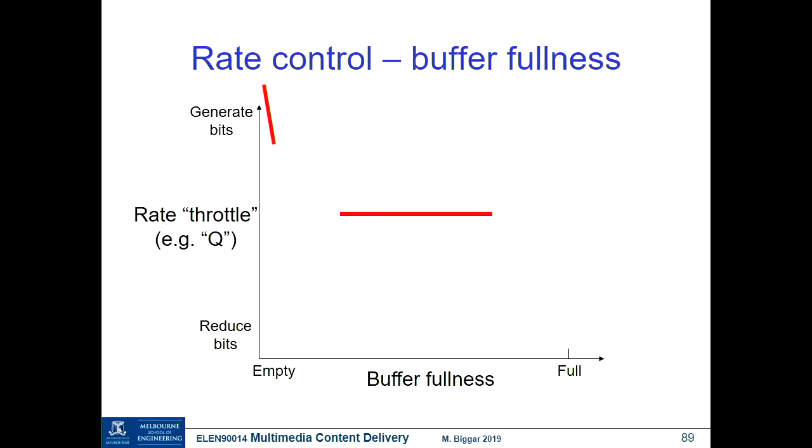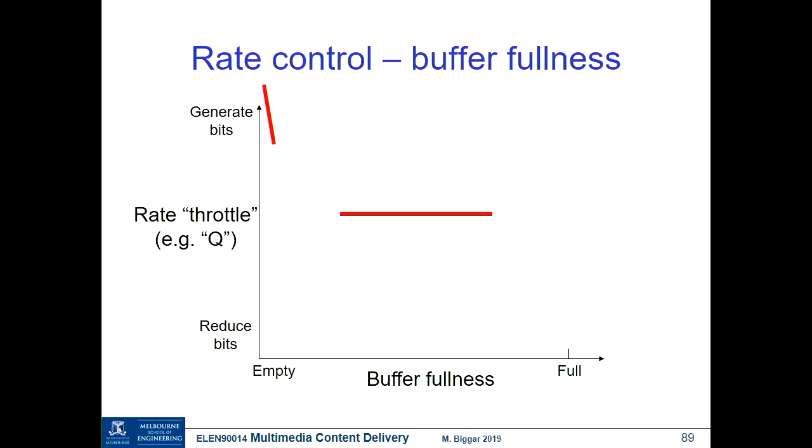In fact, the video is being encoded at a fairly low rate at that point, but because we need to make sure that our buffer doesn't empty completely. Otherwise, we're trying to read bits out of an empty buffer to transmit them. So we need to reduce the quantizer step size to generate more bits, just to make sure our buffer doesn't empty.